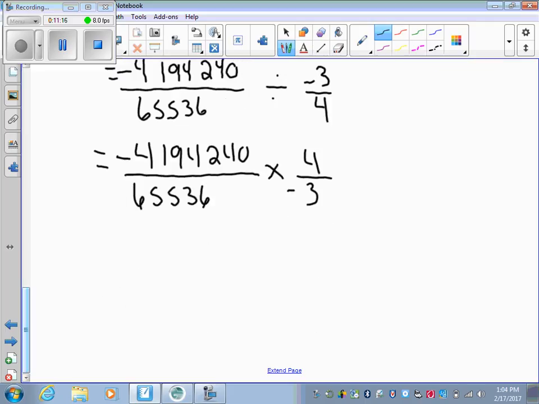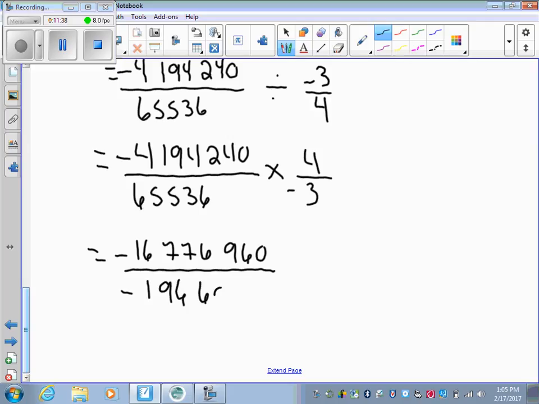So you will take that and multiply across the numerators to get negative 16,776,960, all divided by negative 196,608.